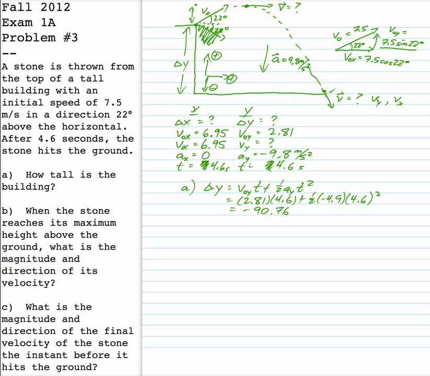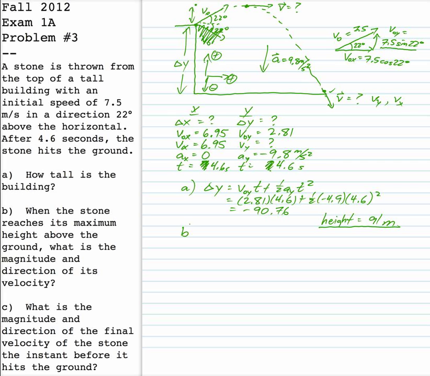Right? So that's the y displacement. It's negative. That makes sense because remember displacement is a vector and the displacement points down from start to finish. So the height of the building is just the magnitude of that displacement, rounded to two significant figures, so that's 91 meters.